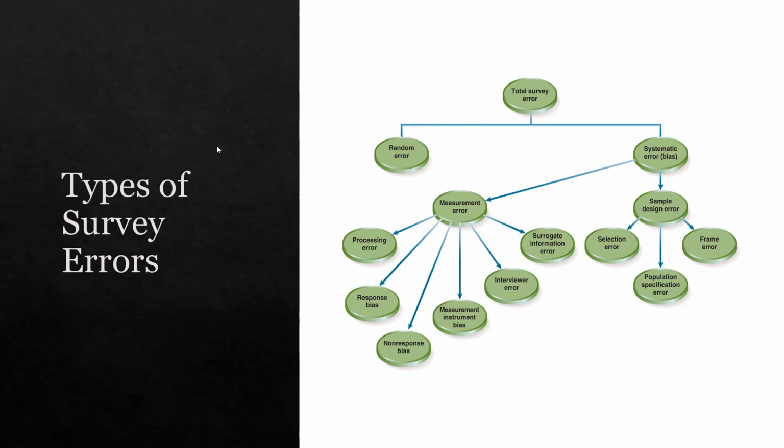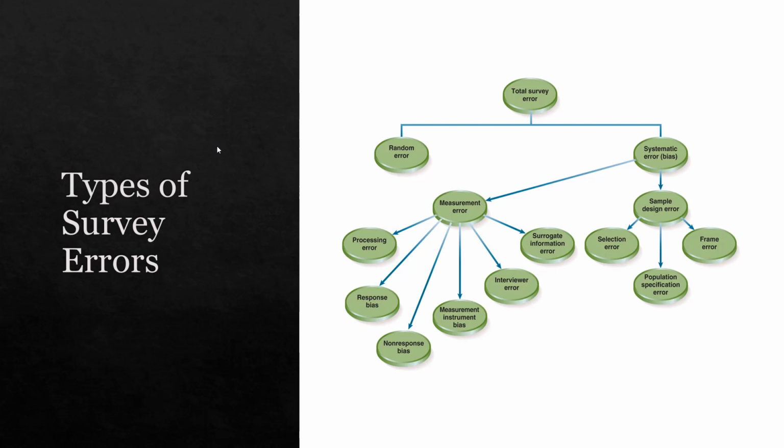And the third type of measurement error is called non-response bias. Non-response bias basically means that the people who don't respond versus the people who respond might be systematically different, especially when non-responses have some kind of pattern.